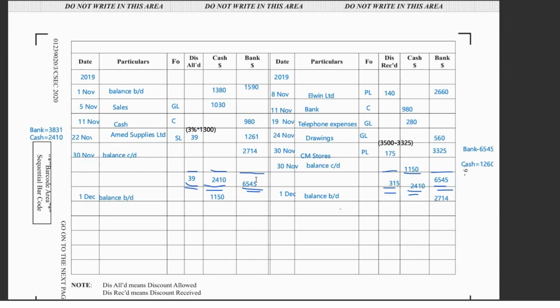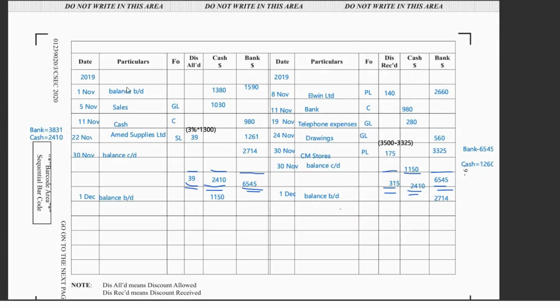Now, if you add up all of these columns, you should get 2,410 for cash and $6,545 for bank on both sides. Then, on the 1st of December, we have to bring down our balance CD and turn it into balance BD.